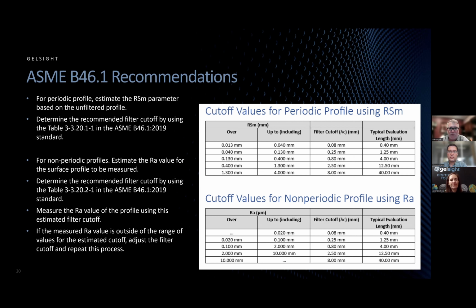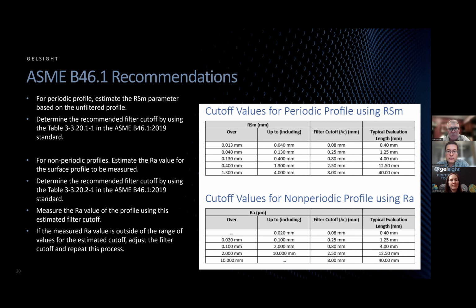On a non-periodic surface, which does not have a texture, or I should say does not have a repeating pattern in the texture, you'd want to use the second chart. And the way that's done is you basically take an educated guess of what the Ra value of the surface will be. Now, once you've been doing this for a while, you can have a pretty good guess of what it'll be approximately.